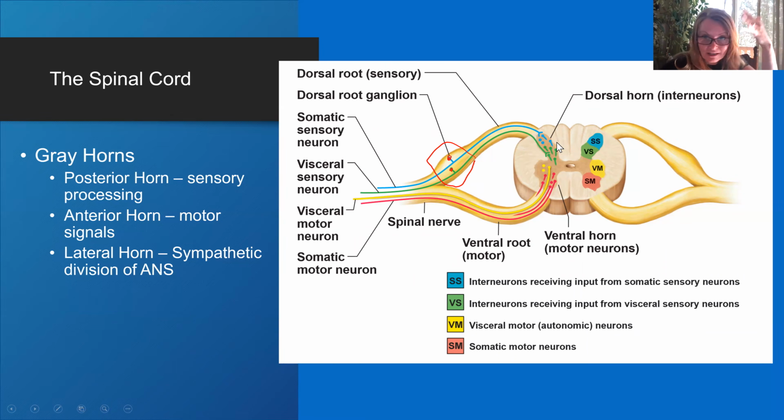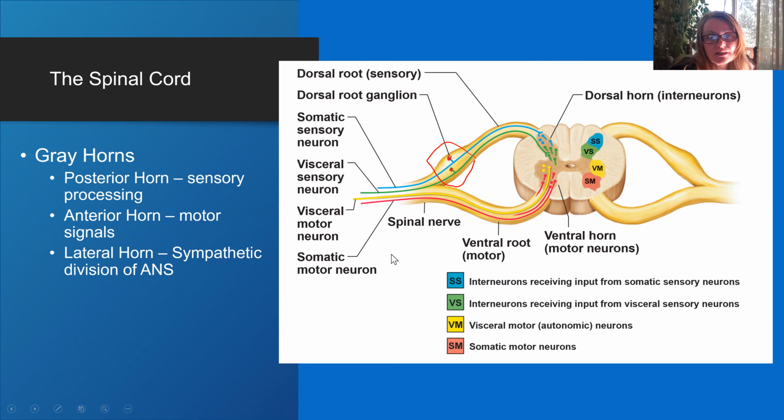Then your brain makes sense of all this information and sends commands to your muscles to contract. And those neurons that innervate your muscles, they originate in your ventral horn or your lateral gray horn, and the axon will go through the ventral root to the spinal nerve and to your muscles, right?